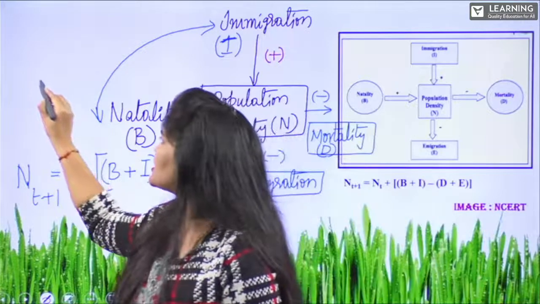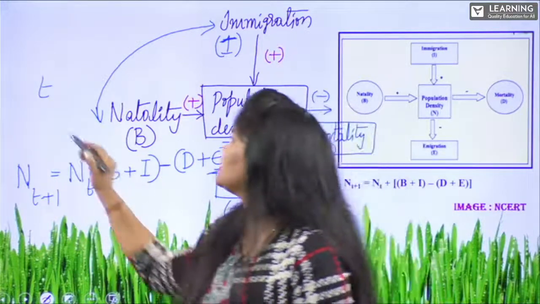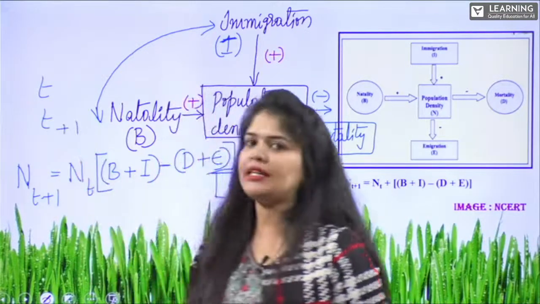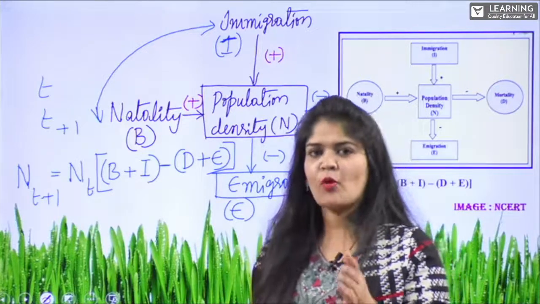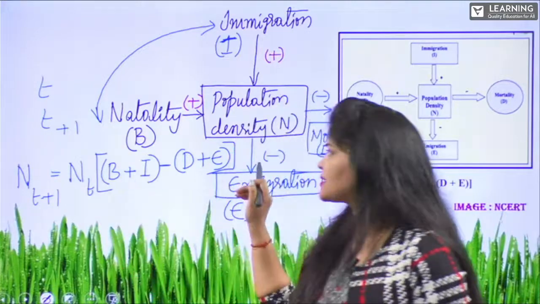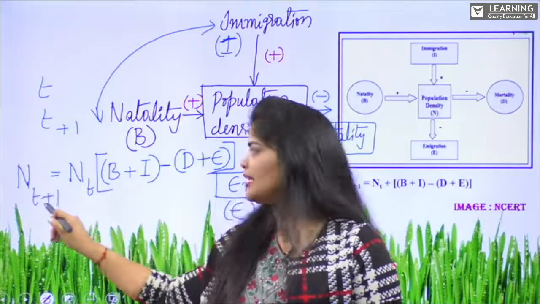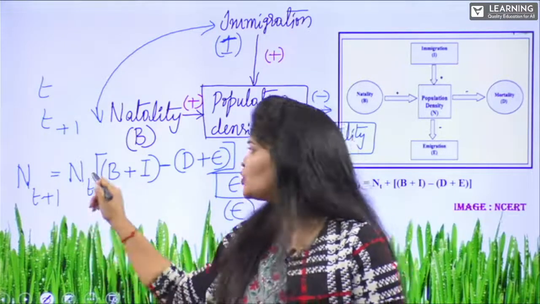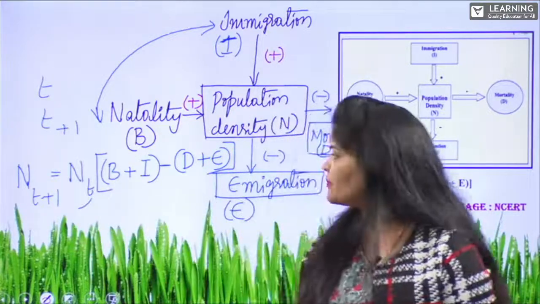Initial time is represented by t, and after that the new time is represented by t plus 1. So in order to represent the population density at the time t plus 1, the equation goes like this. Population density, capital N, t plus 1. We need to know the population density at the time t plus 1. So the initial population density, initial time is represented by t, right?